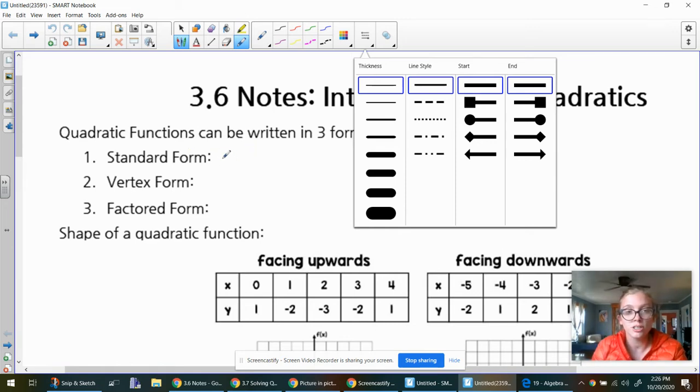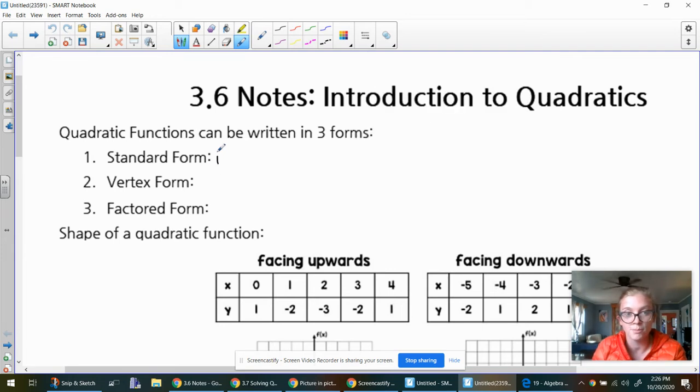So the first form of a quadratic function that we are going to learn is standard form. So standard form is f of x equals ax squared plus bx plus c. F of x equals ax squared plus bx plus c.